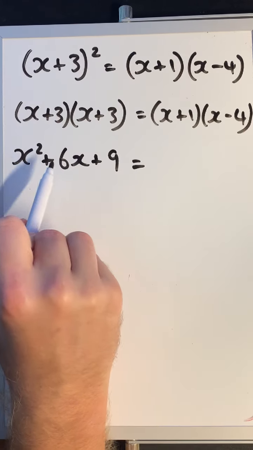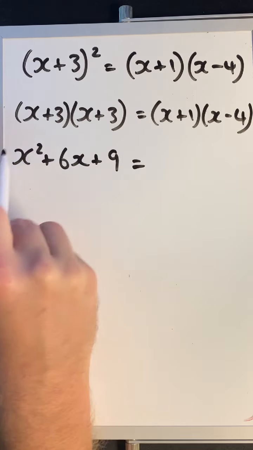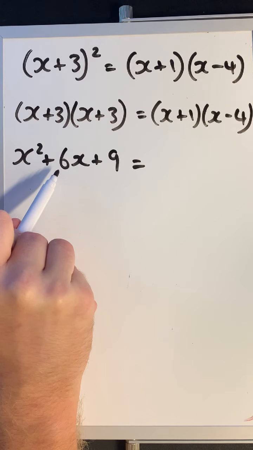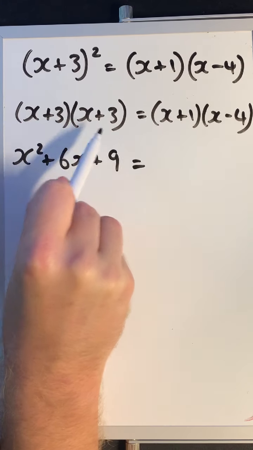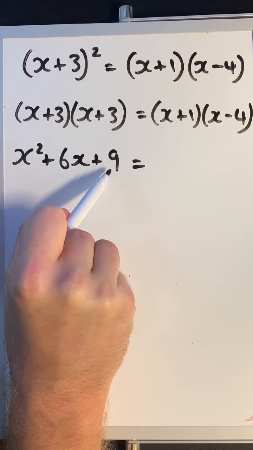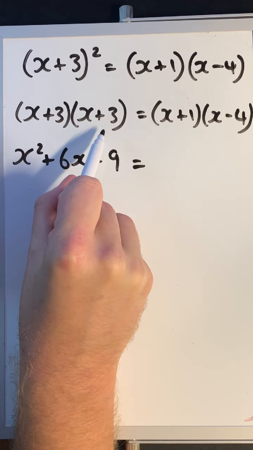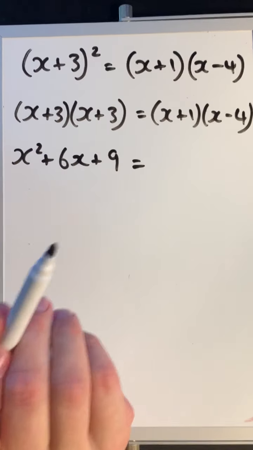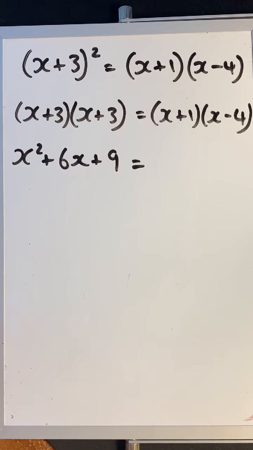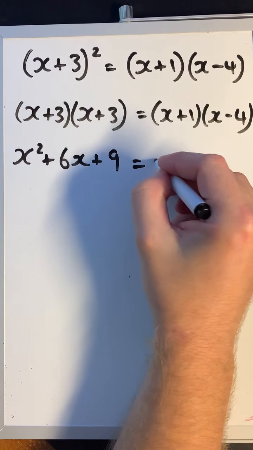Okay, if you notice, these numbers here in this quadratic expression, this one here is these two added together, and this one here is these two multiplied together. Okay, so it's an important thing to notice, especially when we get onto factorizing quadratics in order to solve quadratic equations.